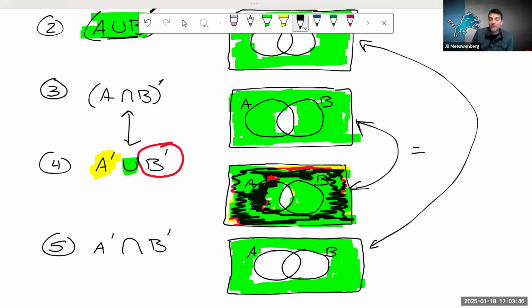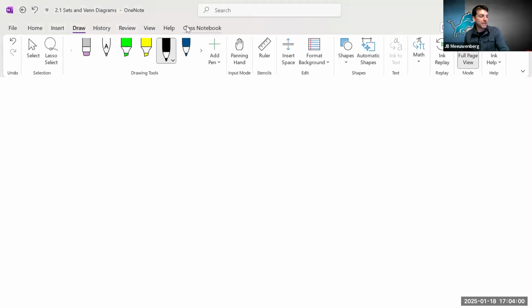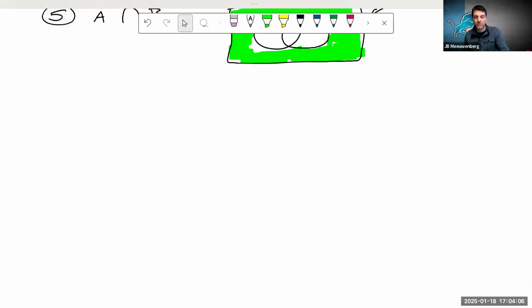And so the last thing I'm going to have you do is work those backwards. What I'll do is put out the different shaded regions, and your job is to determine what the set notation might look like for each of those. So I'm going to do 4 different shaded regions.